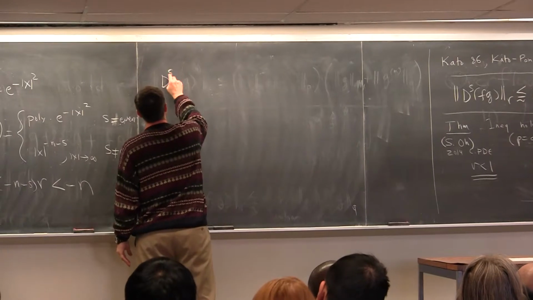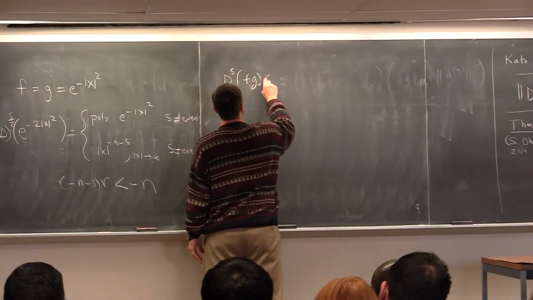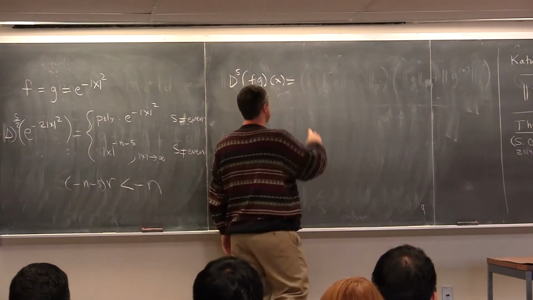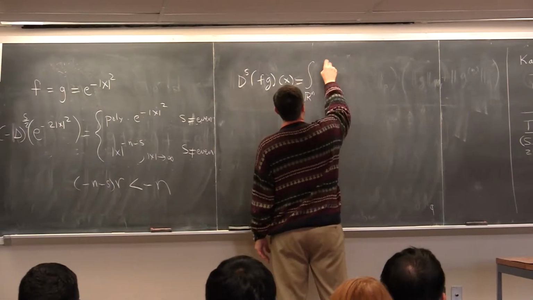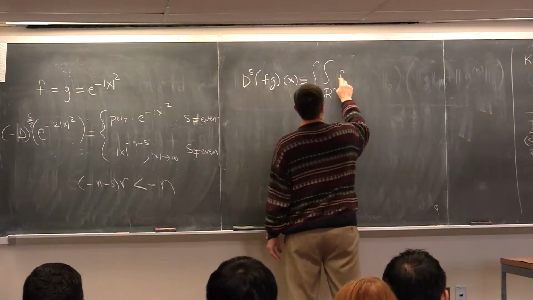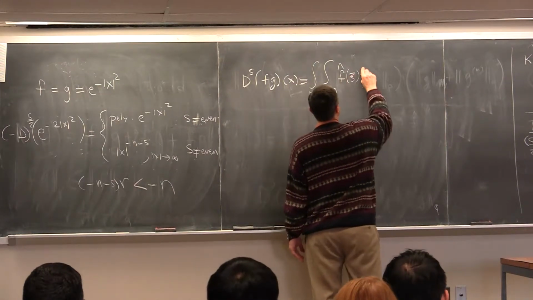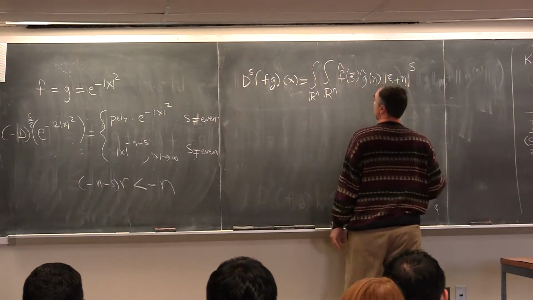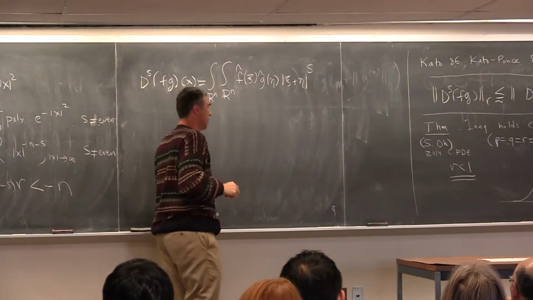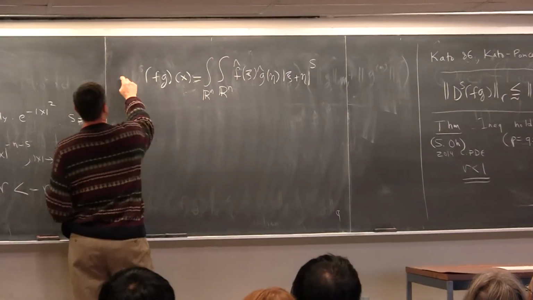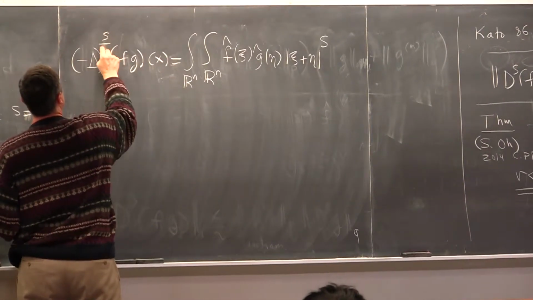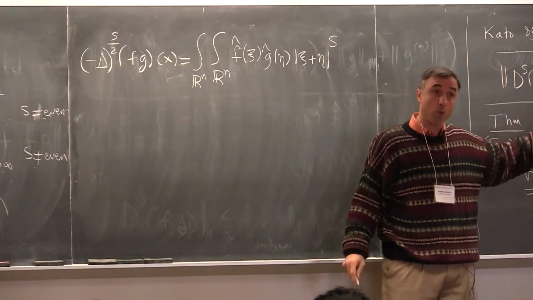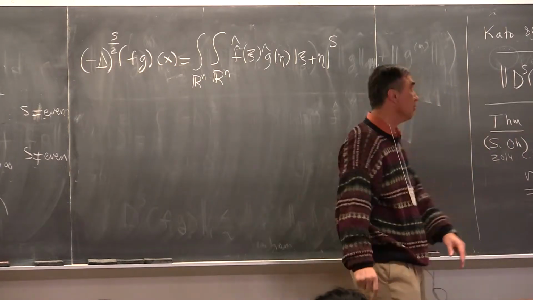If you do that, you can write it using the Fourier transform as a double integral. So I'm doing the case of minus the Laplacian here. But this works in both cases, for both operators, the homogeneous and the inhomogeneous.